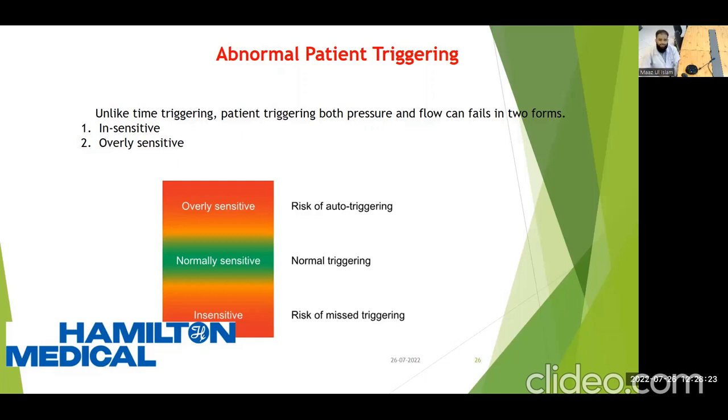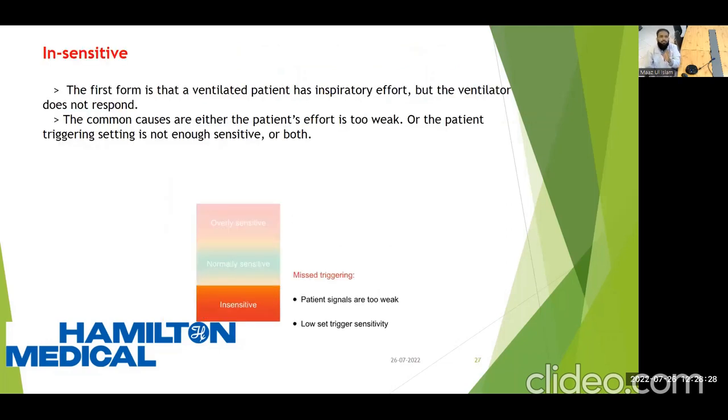First, we define insensitive, the risk of mistriggering. The first form is that a ventilated patient has inspiratory effort, but the ventilator does not respond.